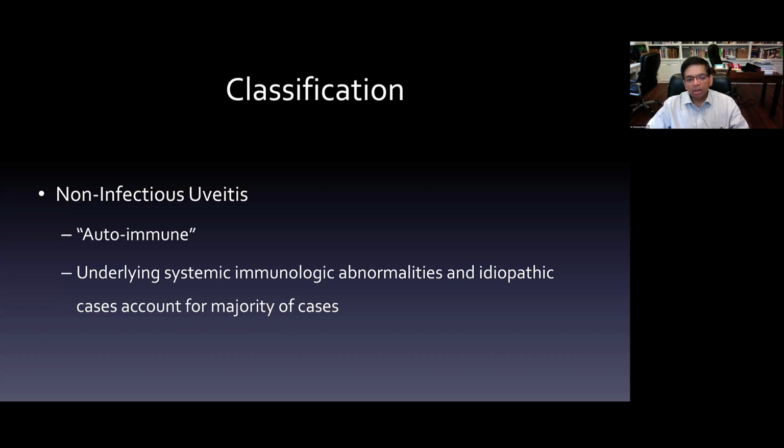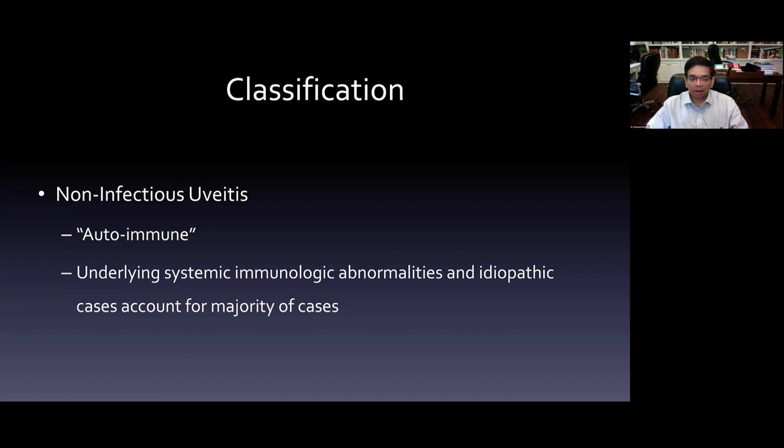There may be underlying systemic immunologic abnormalities, but the idiopathic variety, where we cannot find a cause, accounts for the majority of cases of uveitis that we see. In fact, the majority of cases are probably idiopathic, where the workup is completely negative from a review of systems as well as a clinical laboratory standpoint.